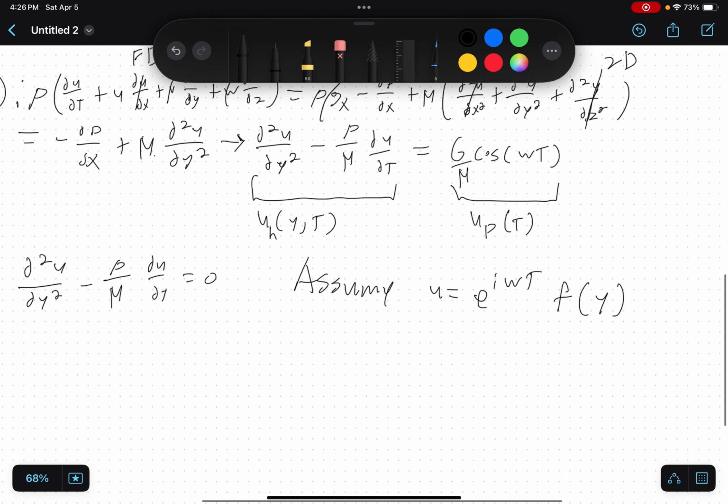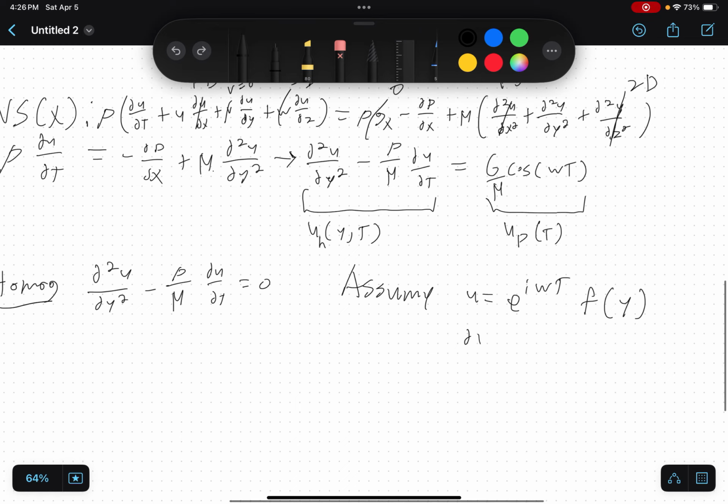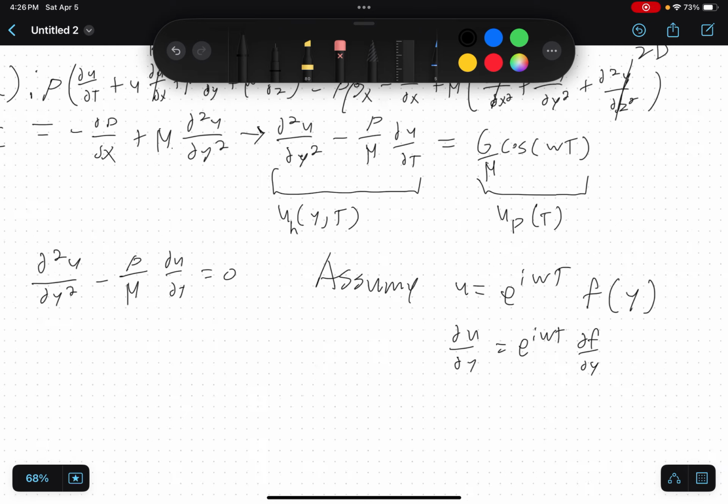So what you do now is you find all the derivatives that you need. Let's start with the first derivative, du/dy equals e to the i w t times df/dy.